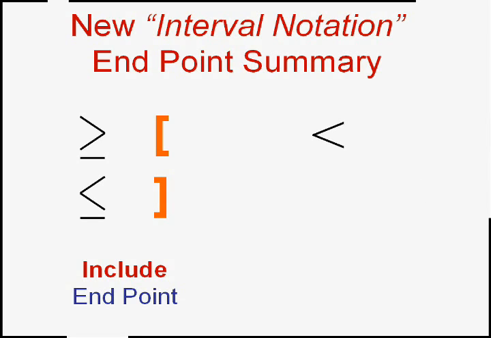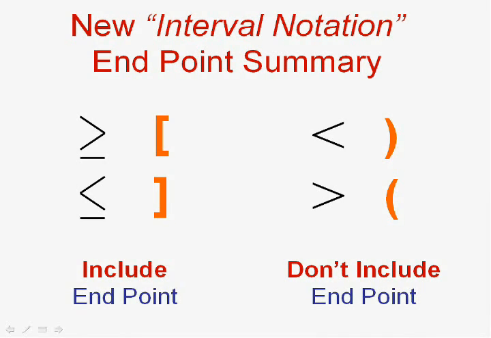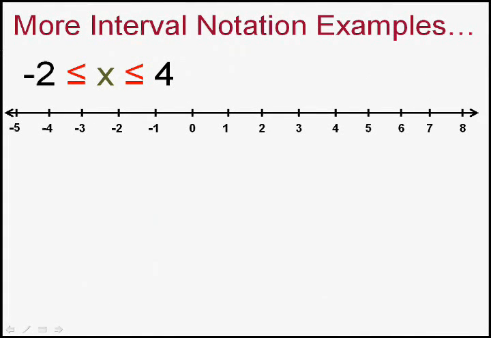And when it doesn't include the "or equal to," like a less than or a greater than, when we don't want to include the endpoint, we're going to use rounded parentheses. Now, that's going to buy us a whole lot, or at least we have way less effort, and I'll show you why.